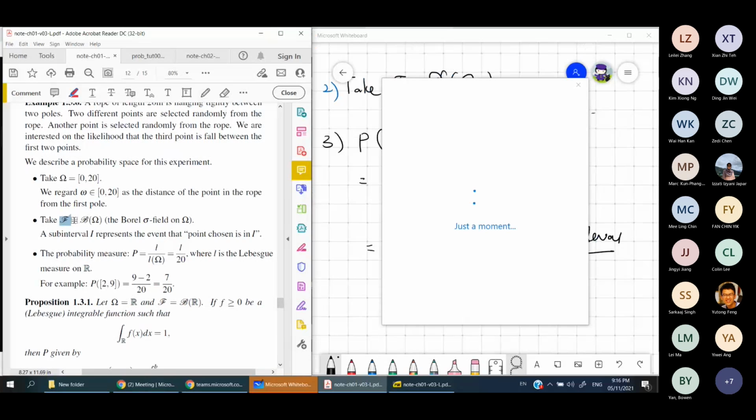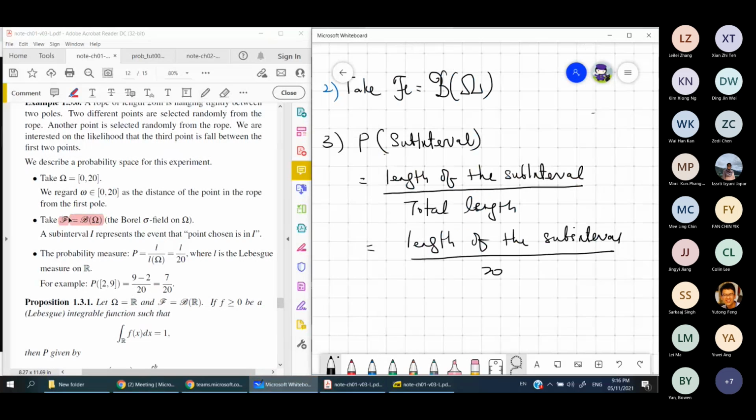Next, we always take the Borel sigma field, and we use this way to construct the probability on it. Then you can see this is an example of what we call a uniform distribution.